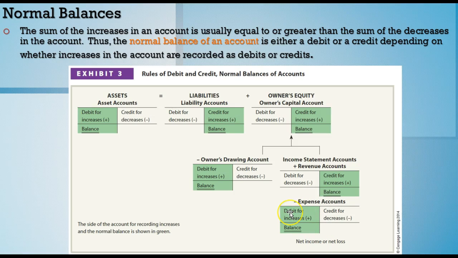Expense accounts: debit for increase and credit for decrease. Did I say that right? Debit for increase, see, even I get confused, and credit for decrease. So this is something you might want to print out and know just to help you keep track of it. I believe it's in your book, so mark it or copy it so that you always have that to check.